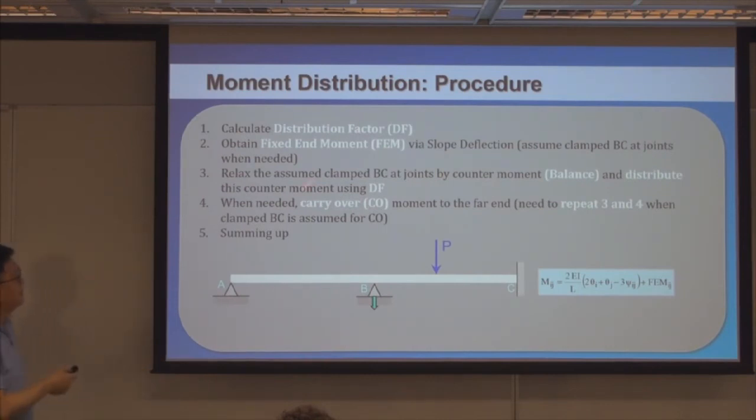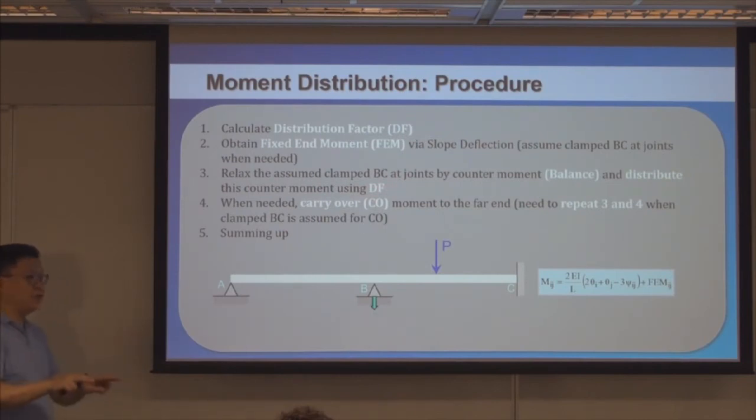And then you do the moment distributions directly. If necessary, you need to assume clamped boundary conditions, and then follow by relaxing the clamped boundary conditions. After you relax the boundary conditions, you follow with so-called moment distributions, using distribution factors.